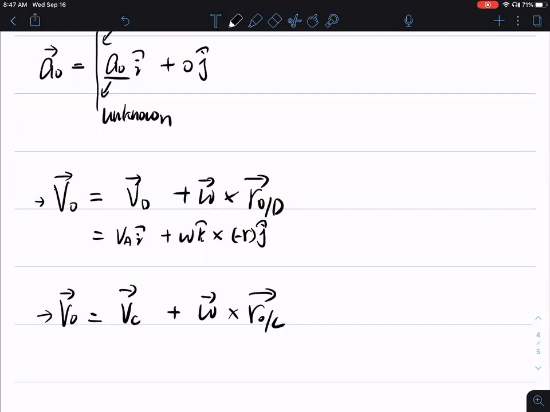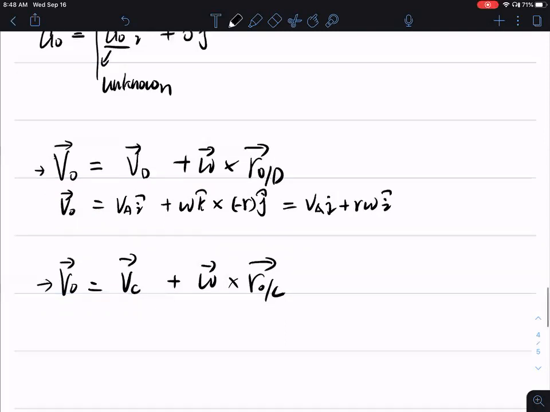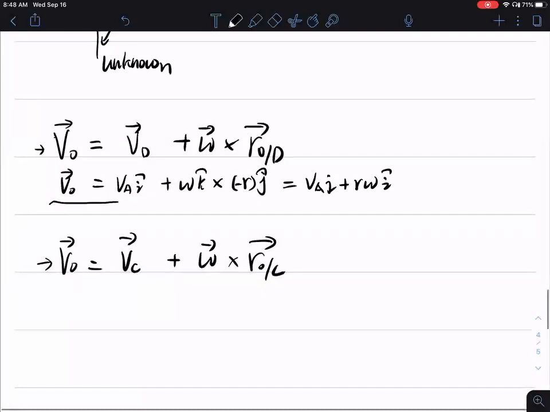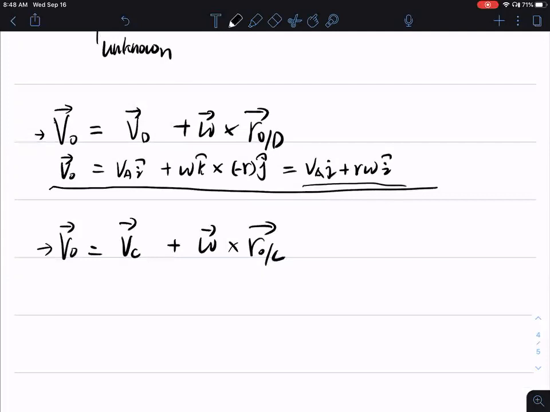And we can break down the cross product, plus r omega I. So this is what we end up with from the first equation: VA I plus r omega I.